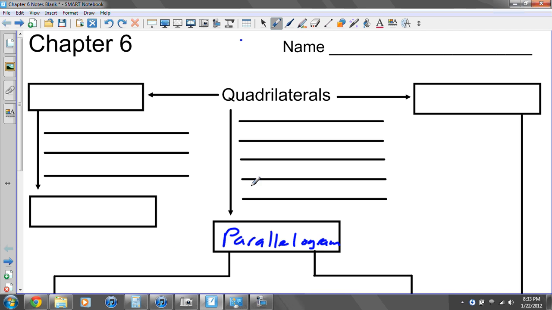Now these lines are going to be ways for us to get from a quadrilateral to saying that it's a parallelogram. The very first way that we can do that is by showing that opposite sides are parallel. So if I have a quadrilateral and I find out that its opposite sides are parallel, that allows me to say it's a parallelogram.